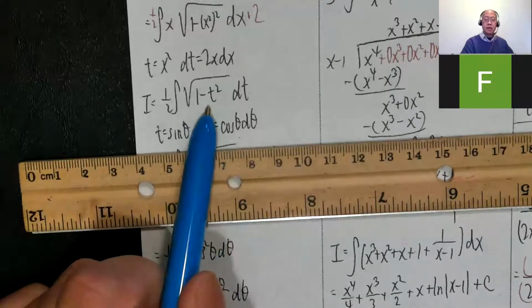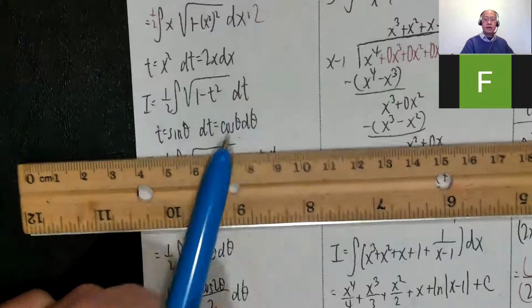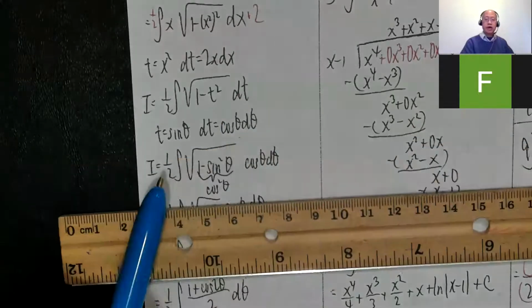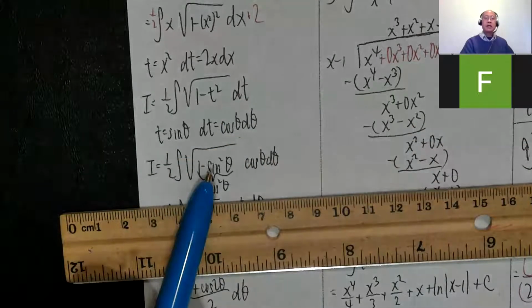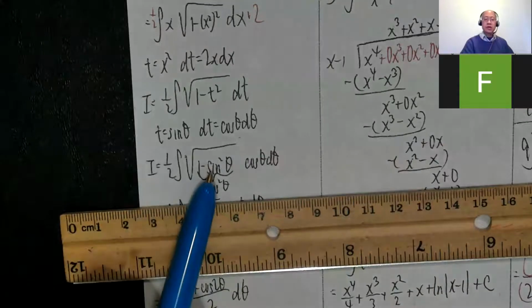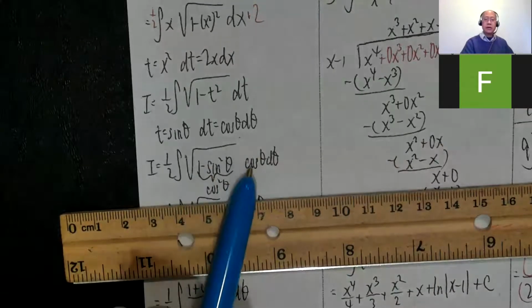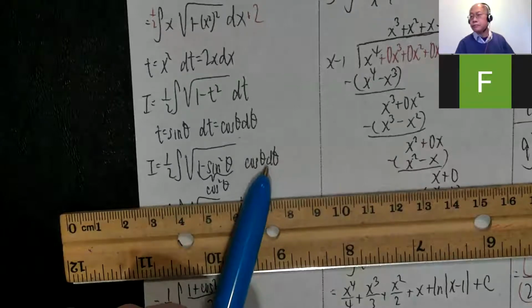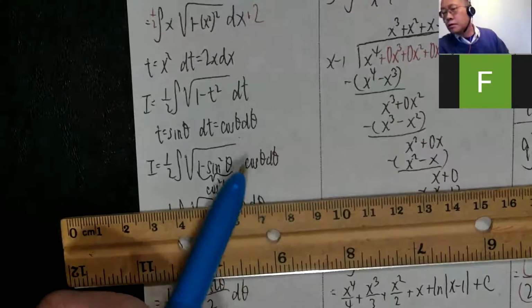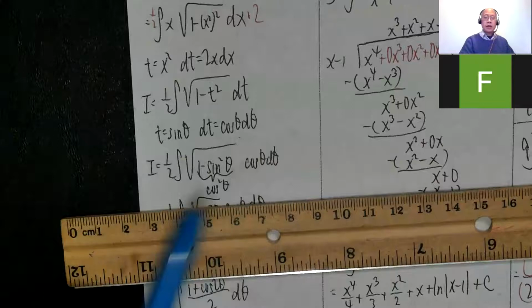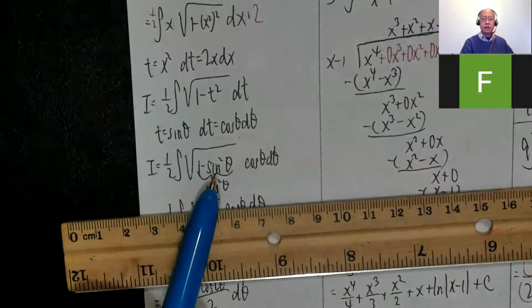So right here, I'm going to put sine theta. Right here, put cosine theta d theta. So I now have 1/2 integral of radical 1 minus sine squared theta times cosine theta d theta. Okay. And now what is 1 minus sine squared theta?